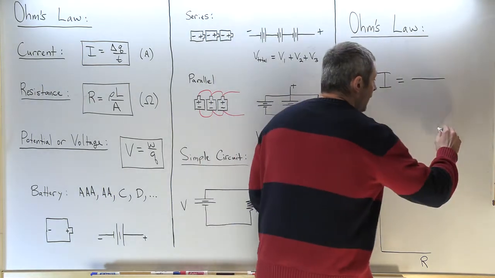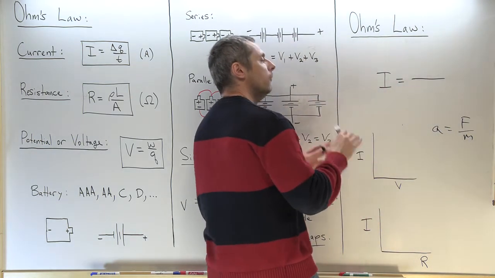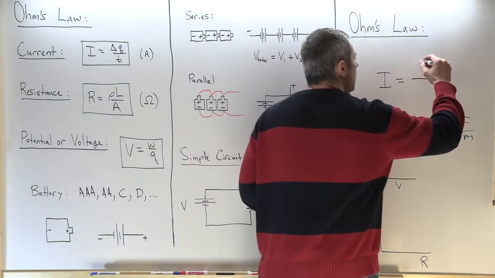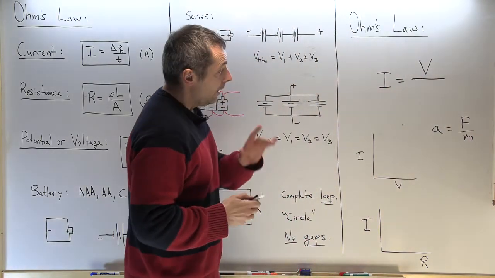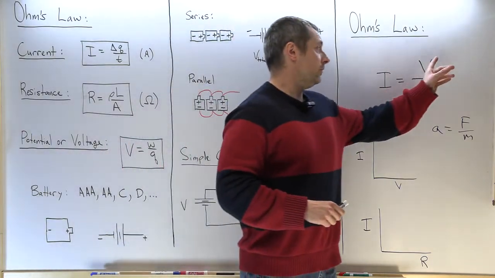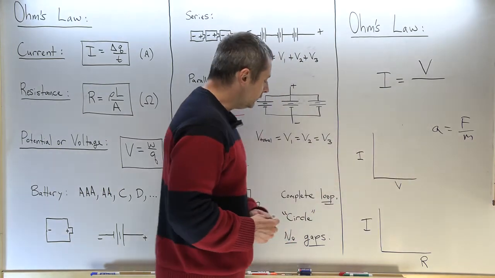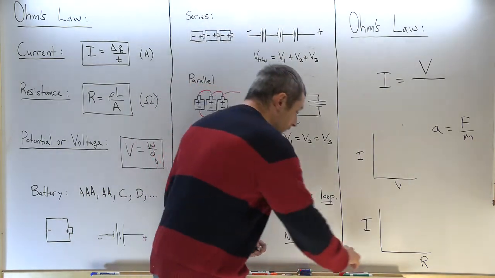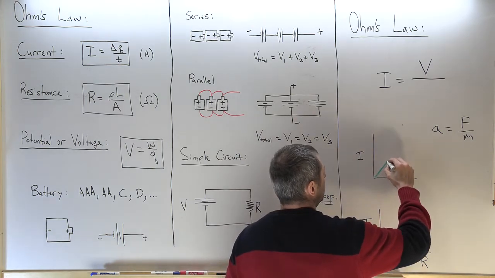So we put F in the top, okay? So more volts, more current. We put voltage in the top like this, okay? Now, mathematically, that means since it's to the first power, if we were to plot current and voltage together, we would get a straight line like this.